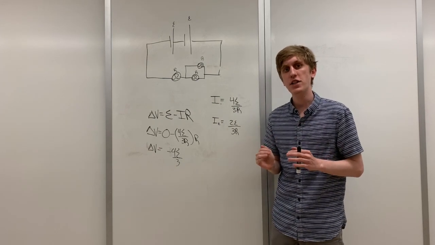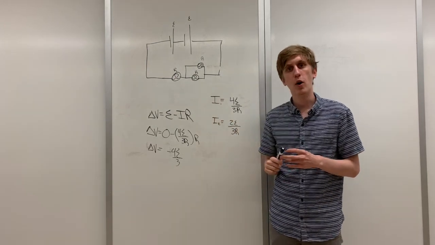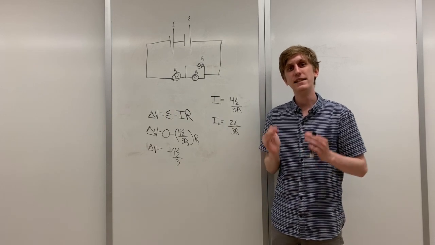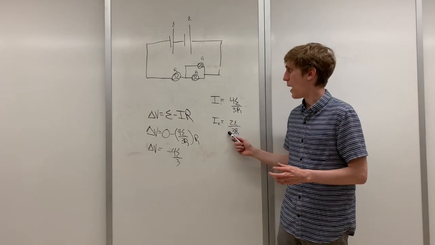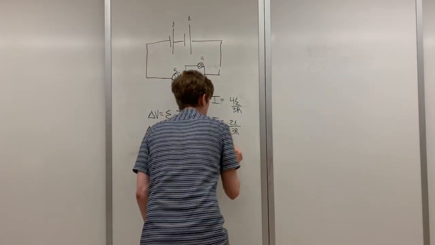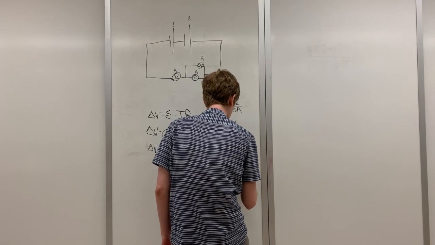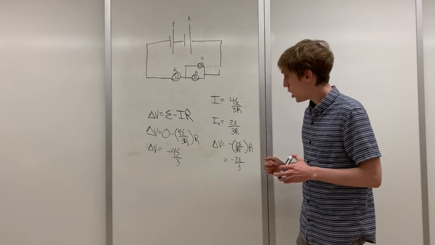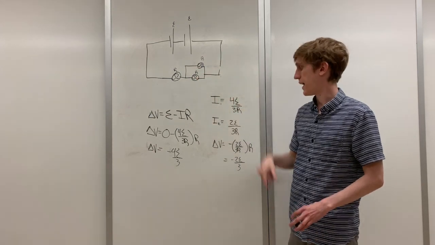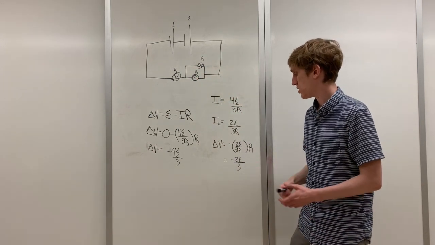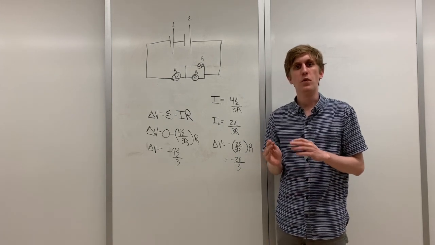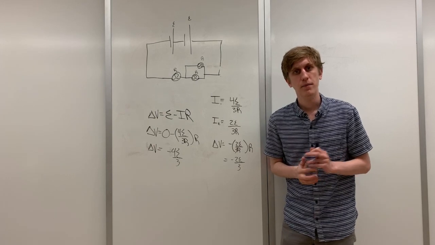So to find the change in voltage across these individual light bulbs, we just do Ohm's law a second time, except instead of using the entire current, we only use the amount of current that's flowing through each of these light bulbs. So our change in voltage across this light bulb and across this light bulb is just negative 2 epsilon over 3.